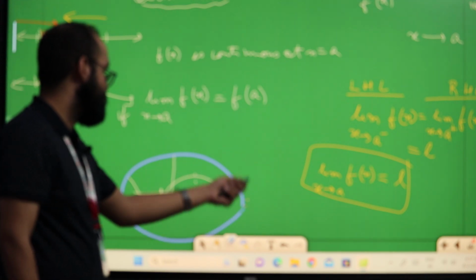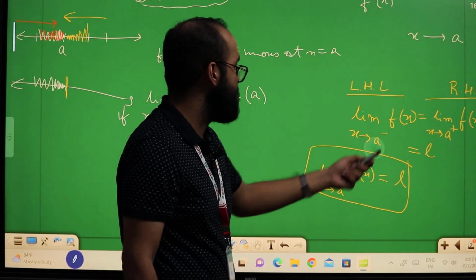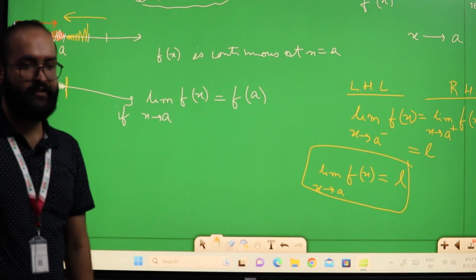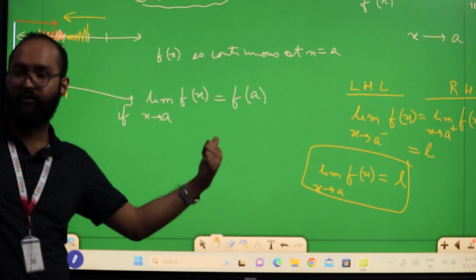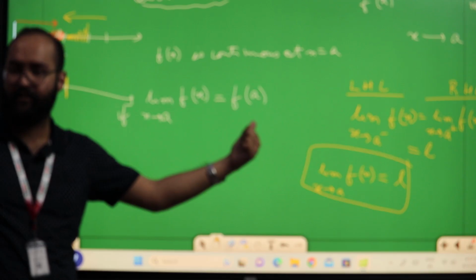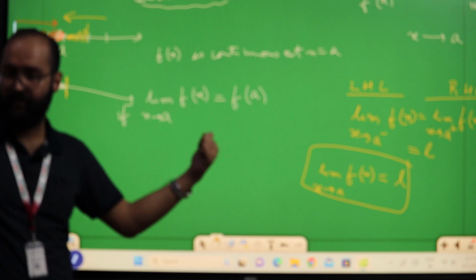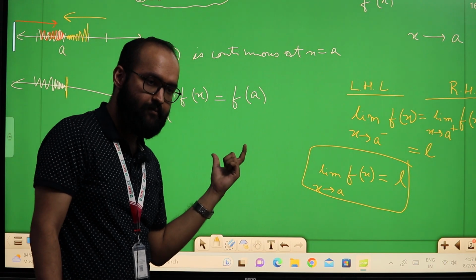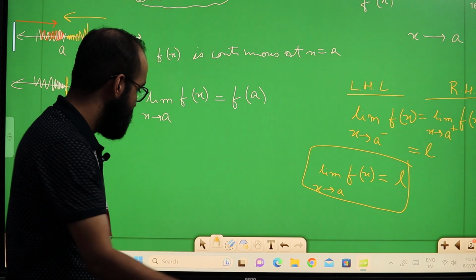So in mathematical language, in terms of expressions, how can we write it? f(x) is continuous at x equal to a if the limit of f(x) at x equal to a is equal to the value of the function at x equal to a. This is the definition of continuity. This same definition we can also write in another way.